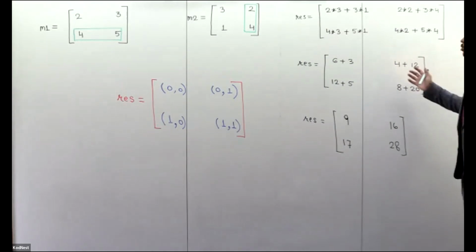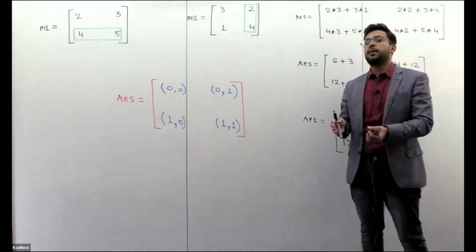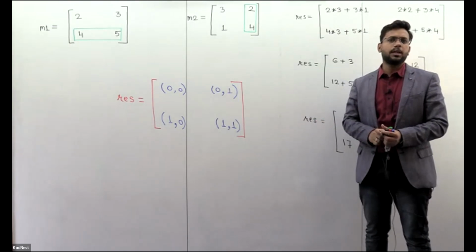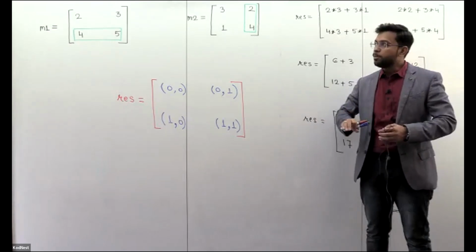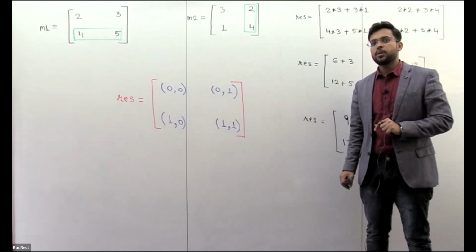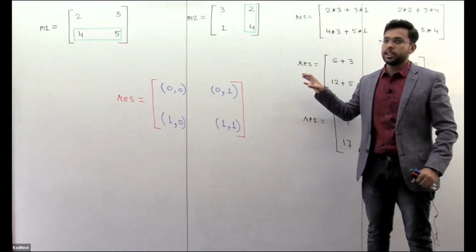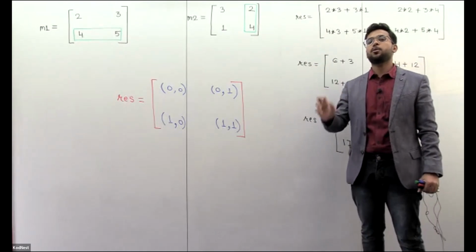Now, whatever we have got, same thing, if we can write it in the Java program, our task will be completed. What we have understood is a logic that how multiplication will take place. And now it is our duty to find a logic to do this particular program using Java programming language.